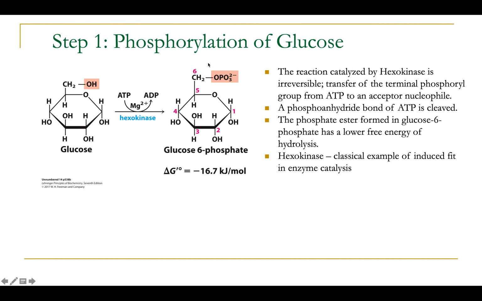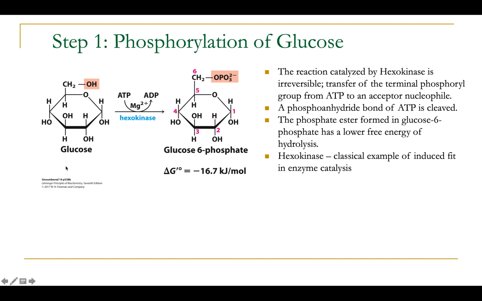In the first step of glycolysis, glucose is phosphorylated at the 6th position, forming glucose 6-phosphate. The cell plasma membrane is permeable to glucose because of the presence of glucose transporters.